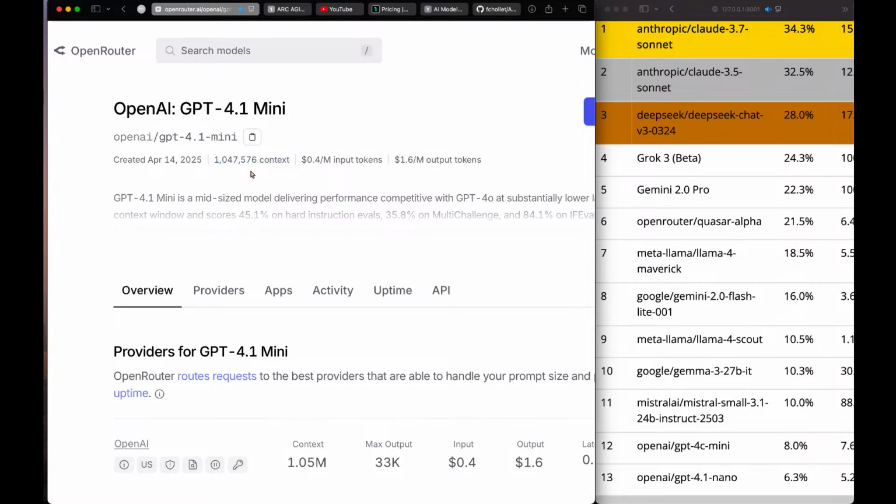Maybe the reason is this 1 million context, because they are providing the same price up until 1 million context, instead of Google, which actually has different pricing for different context lengths.